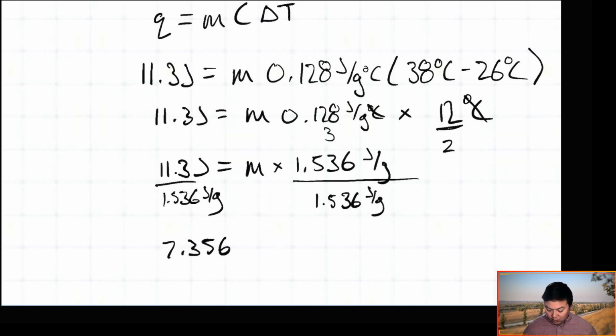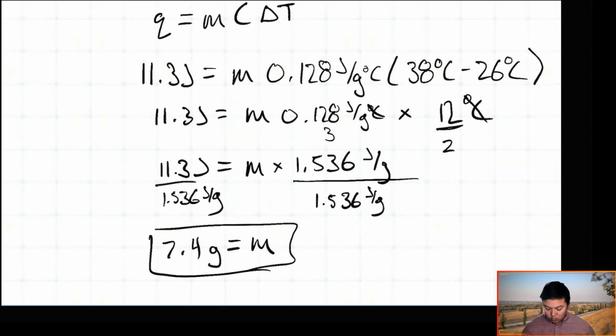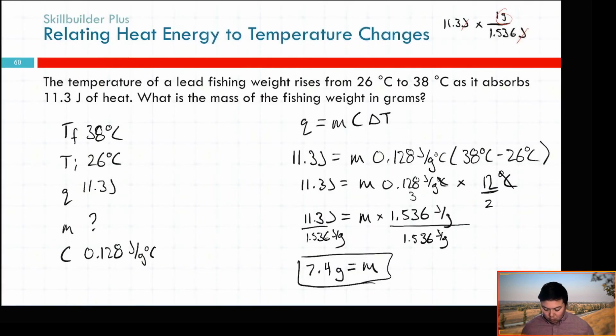This is 3, but 2 trumps 3. So we'll round this up, because 5 or larger we round up. 7.4 grams equals mass. Cool.